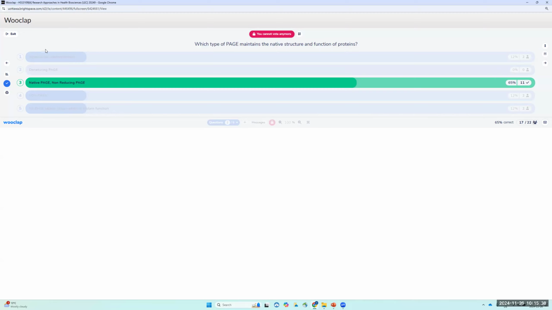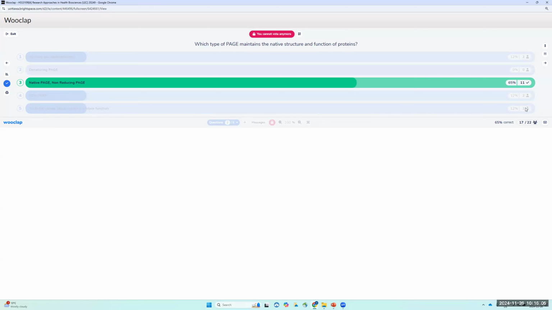We described polyacrylamide, acrylamides. Obviously, it's not denaturing, but the other component, which most of the time in books and in references you would say SDS PAGE, most probably it's going to be denaturing because you add beta-mercaptoethanol.